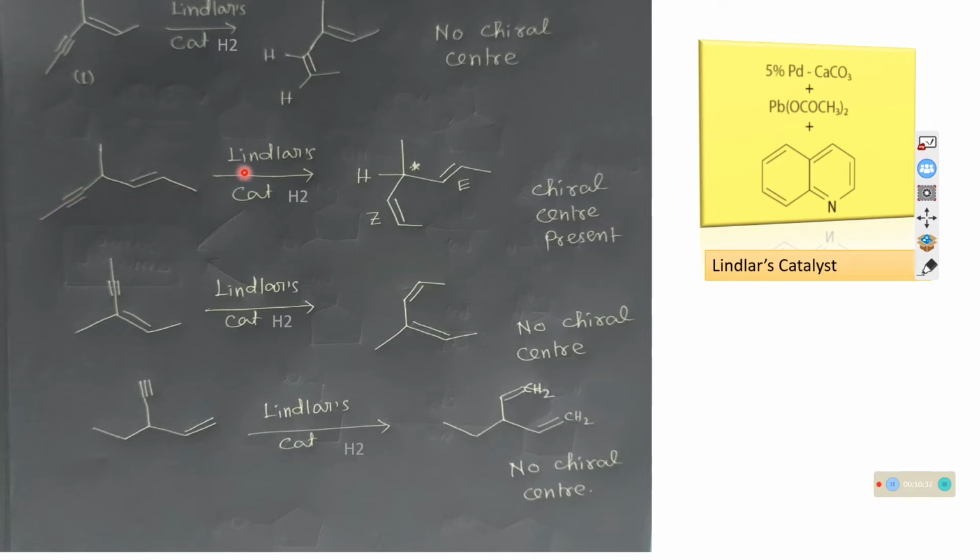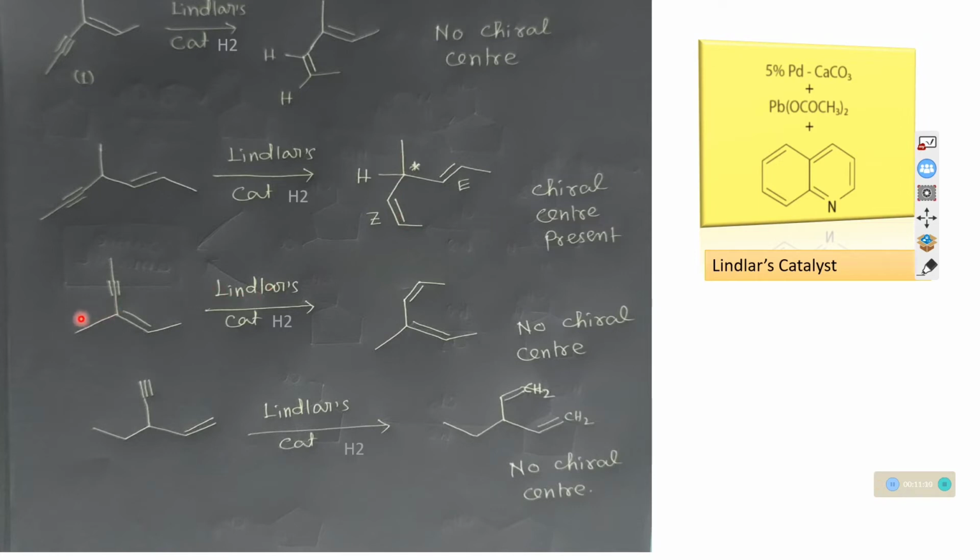Compound 2, if we treat with Lindlar catalyst, this is a trans alkene, and this alkyne should be transformed into a cis alkene after treating with Lindlar catalyst. So this is a trans alkene, this is a cis alkene, with hydrogen and methyl. So there is one chiral center, so this compound is chiral.